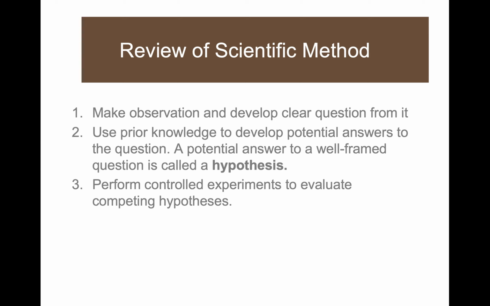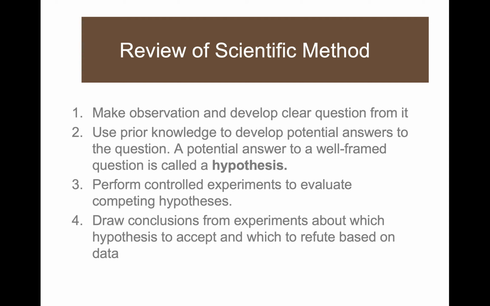And what we would do is we would test each of these things individually to evaluate our competing hypotheses. And in our example, the experiment would simply be filling up the car with gas to see if that changed anything.